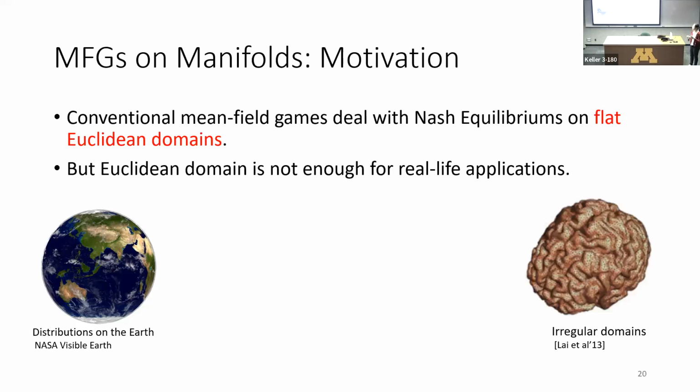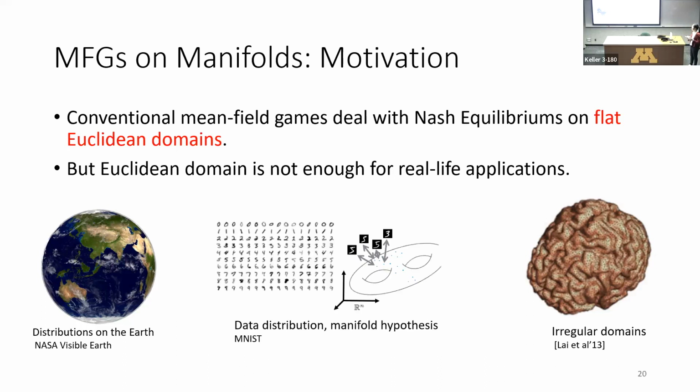And there are also some irregular domains you want to study. And more popular in machine learning, people believe that the data distribution, all the data, is located in a low dimensional manifold embedded in high dimensional space. So this motivates us to study mean field game on manifolds.